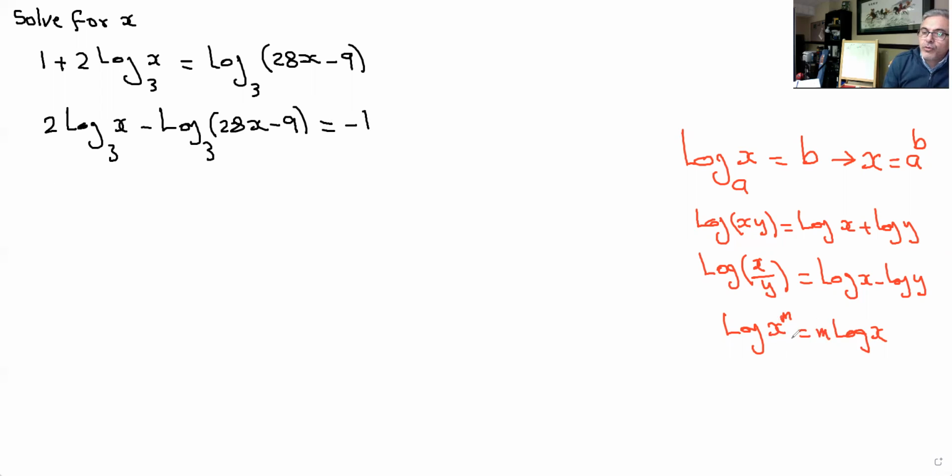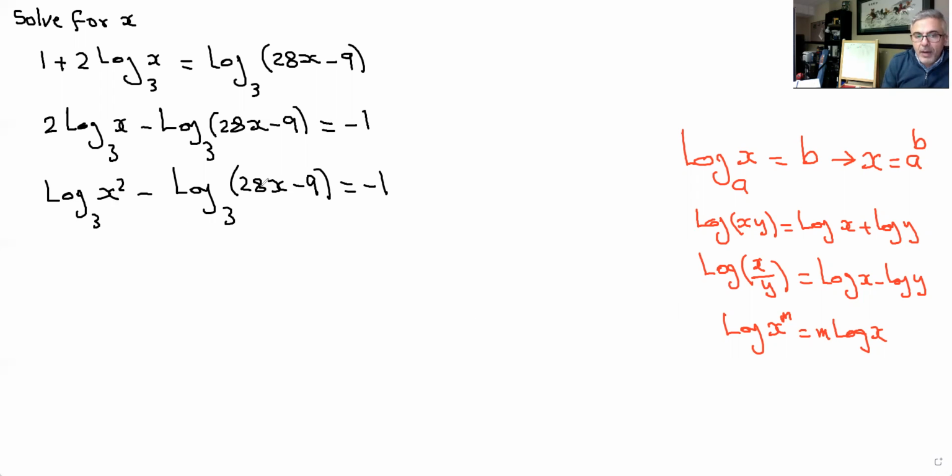I'm going to use this rule first to bring this 2 up onto the x. So I have log base 3 of x squared minus log base 3 of (28x minus 9) equals negative 1.